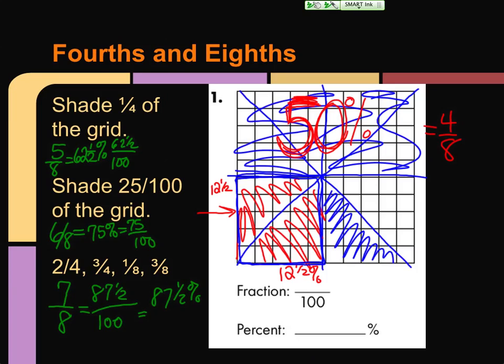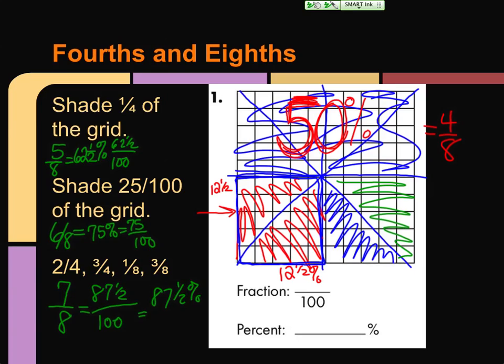I have 1/8, 2/8, 3/8, 4/8, 5/8, 6/8, 7/8, and what's last? 8/8. 8/8 means the whole thing is shaded, right? I have 8 out of 8 parts shaded, and that is equal to what percent? 100 out of 100, or 100%, or a whole.